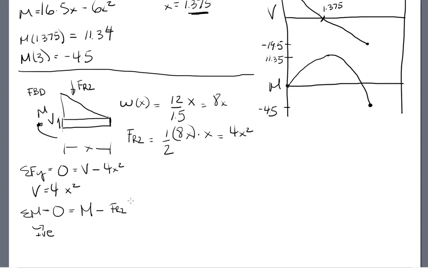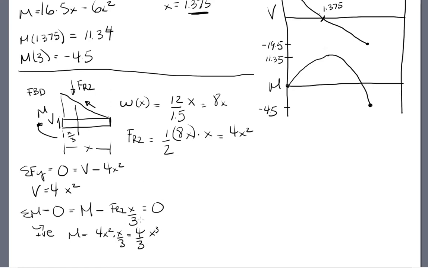Well, it's x over 3 because the triangle is going up this way, so your centroid is going to be at x over 3. And this all equals 0. Well, then M is equal to FR2, which is 4x squared, times x over 3, which equals 4 over 3 x cubed.